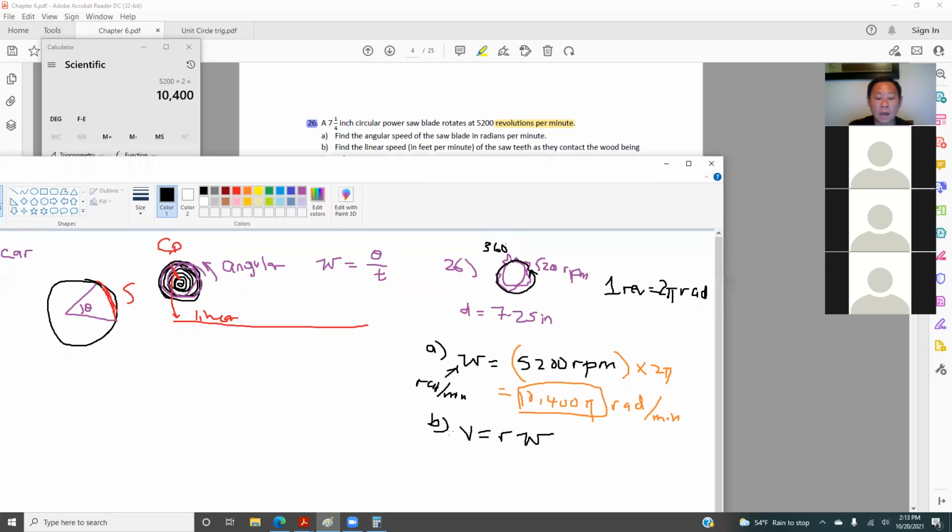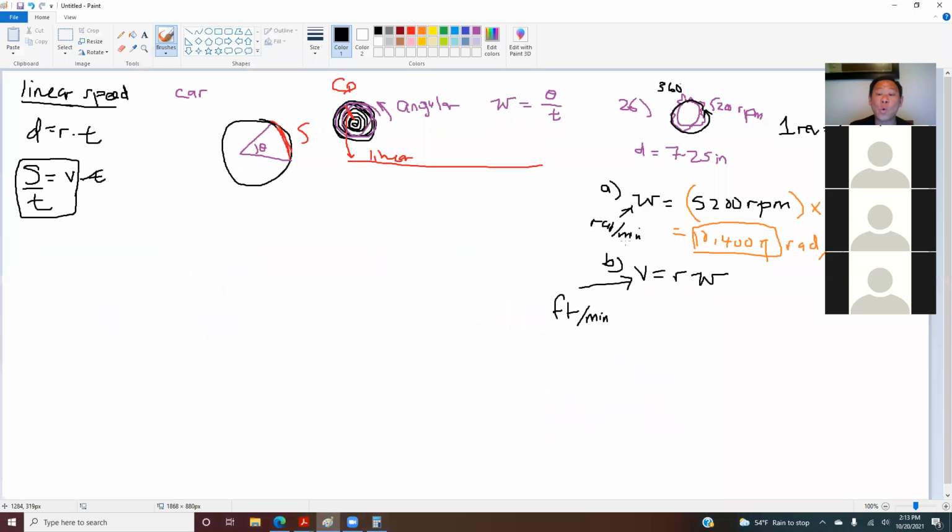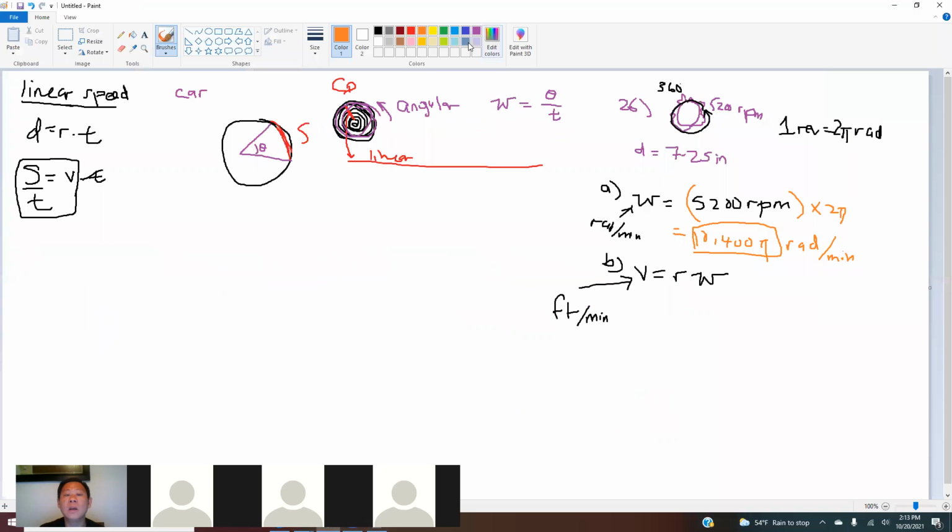This question wants V in feet per minute. It's given that the diameter is 7.25 inches, so first we need to find the radius.